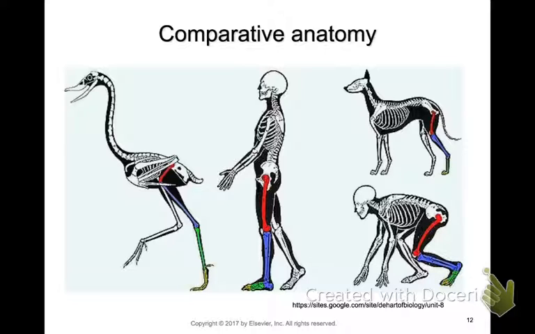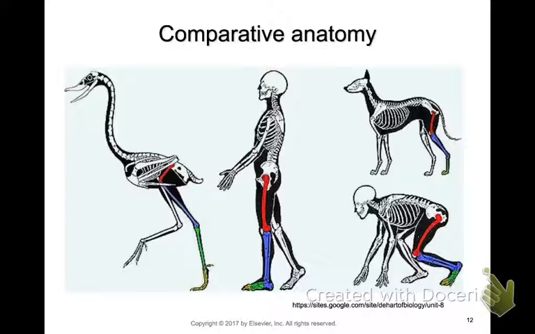Here we can see a bird, a quadruped that looks like a dog, and then the human being. Human beings and birds are bipeds, they walk on 2 legs, versus the dog or horse or cat being a quadruped. The same color marks similar bones in each of these individuals.